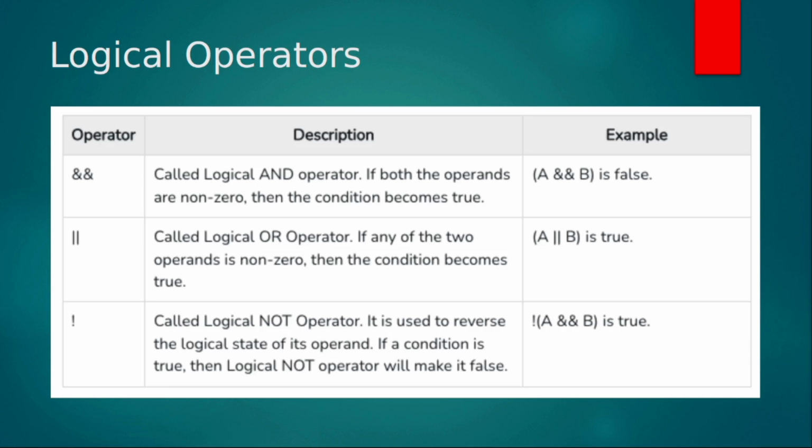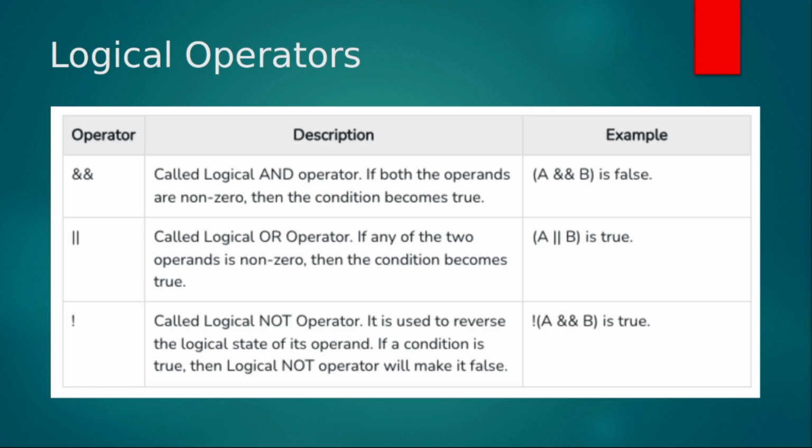If both conditions you are checking evaluate to true, meaning they are non-zero values, then the logical and operator evaluates to true, which is 1. If either of the two values evaluates to false, 0, then this condition evaluates to false.